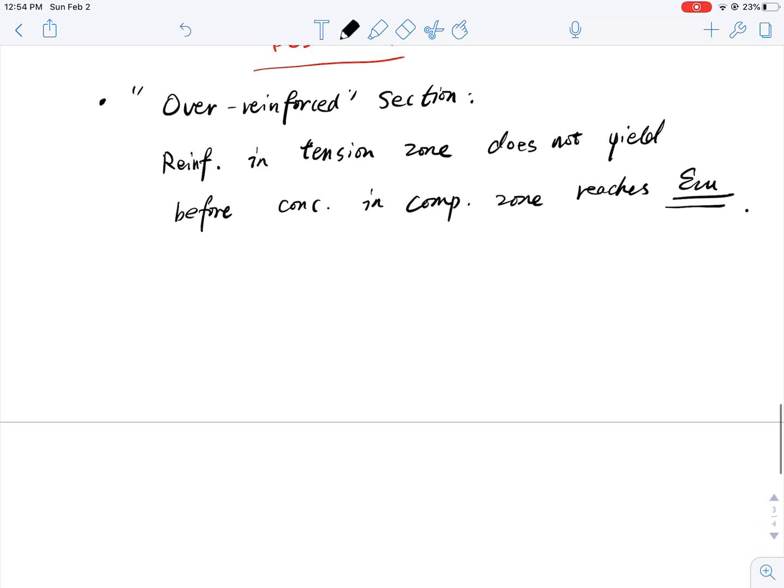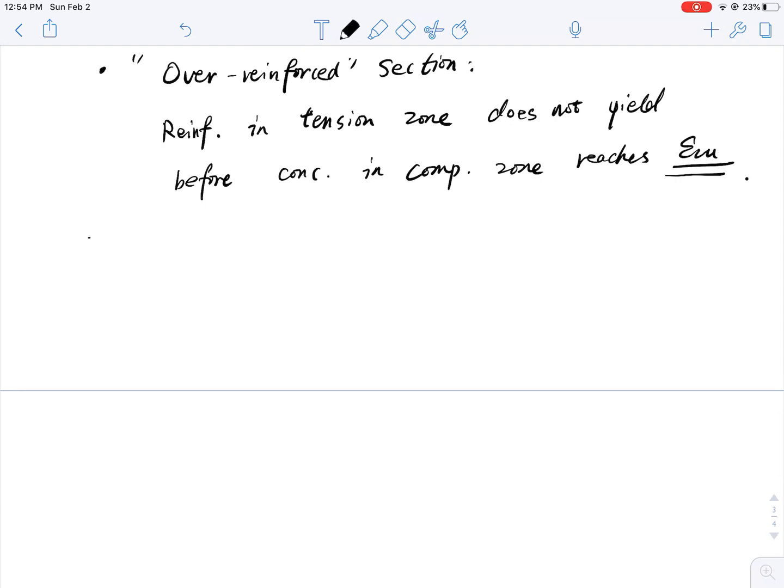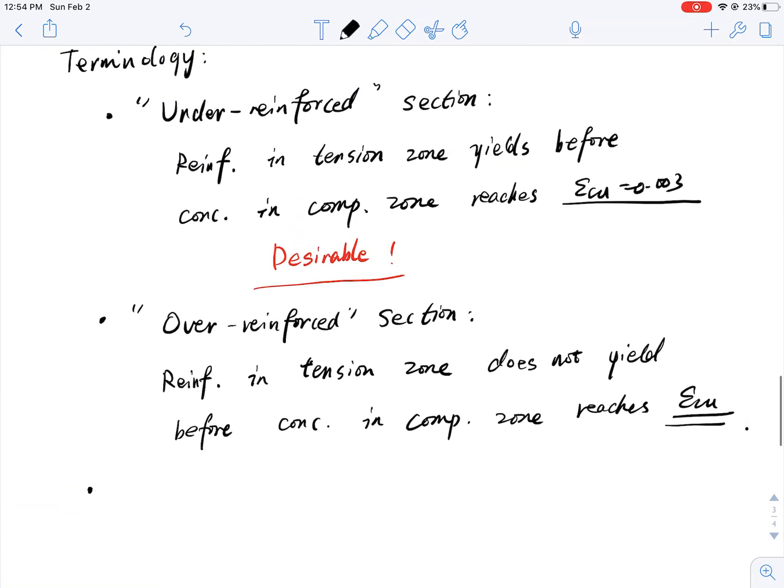Now, these two cases are the extreme cases, and of course this one is undesirable.